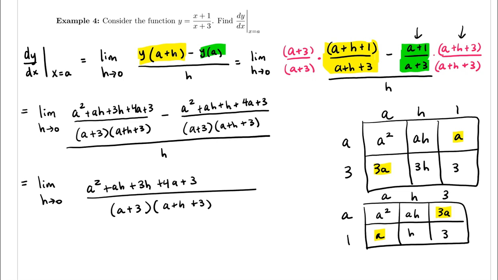And then because I'm subtracting this fraction and the numerator, I'm subtracting off the entire numerator, I need to distribute this negative sign to each of these terms. And if you don't do this, your simplification is not going to go correctly. So please be careful.